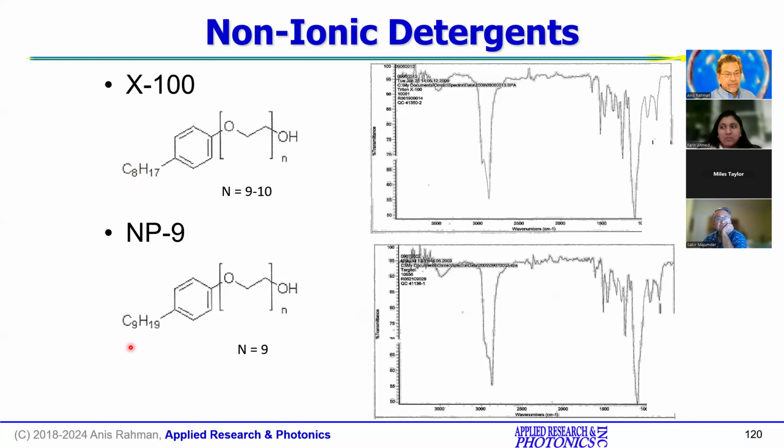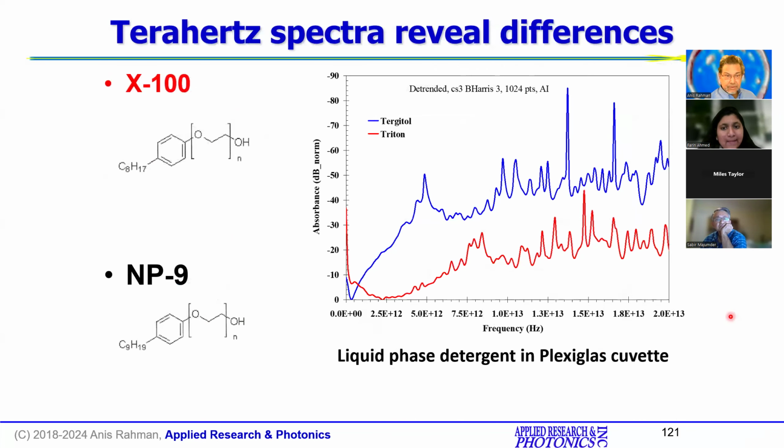Because of this closely spaced molecular structure, FTIR practically produces the same spectrum for both of these. So how do you know which is what? That's where we do terahertz.